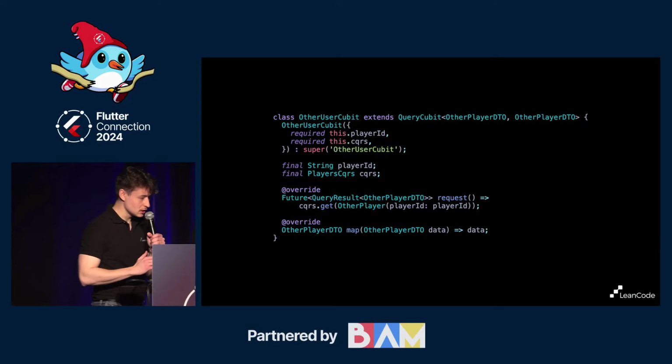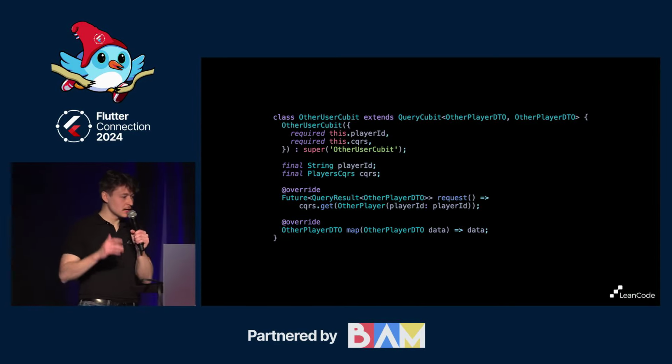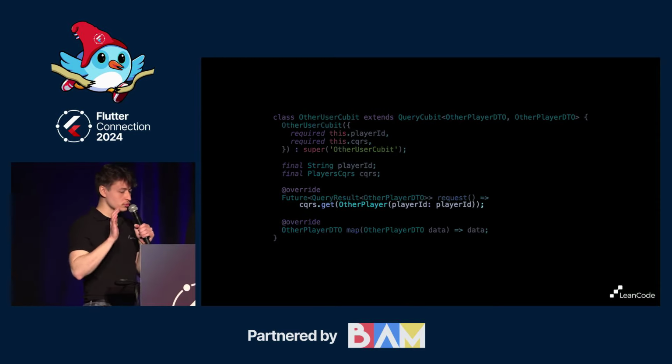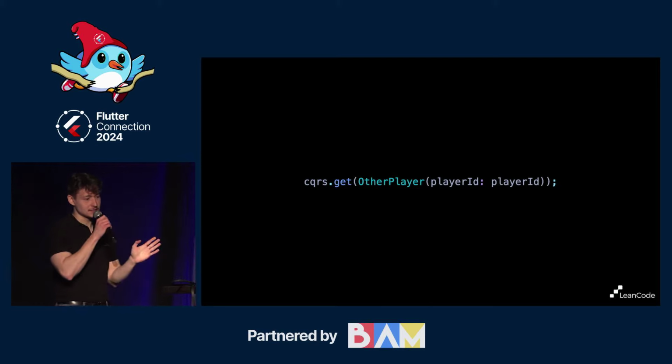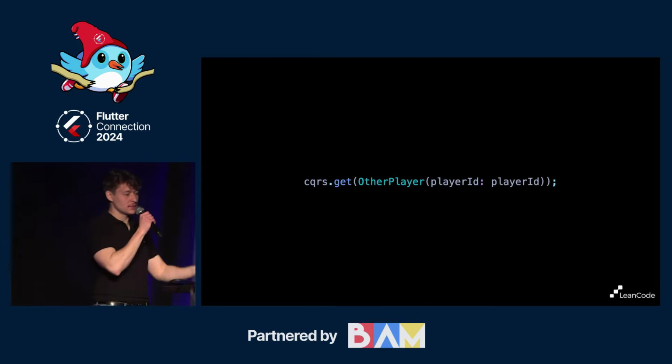So, for example, this is also a qubit that Marcin talked about. But the most important thing here is that you want to use your backend like this. CQRS is just our name for our backend, but you can have an API variable in here.